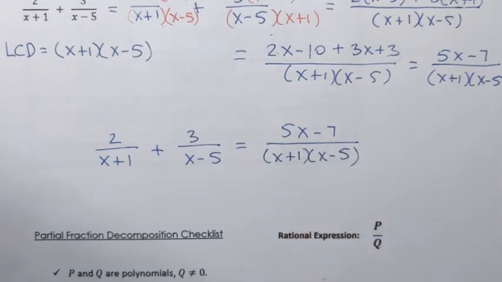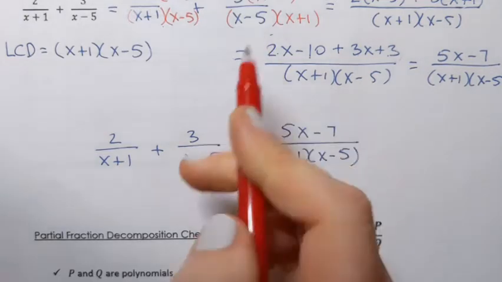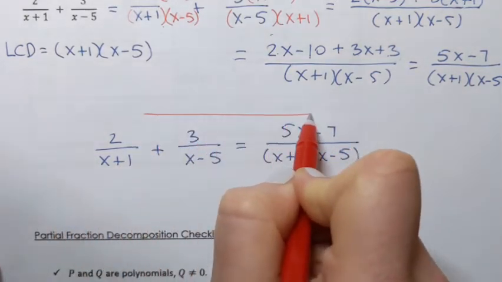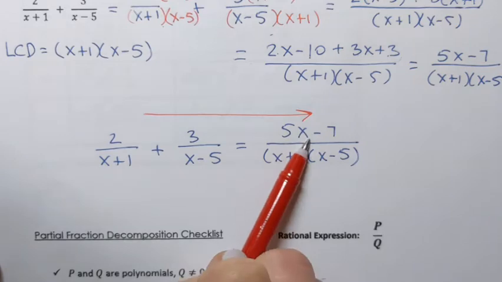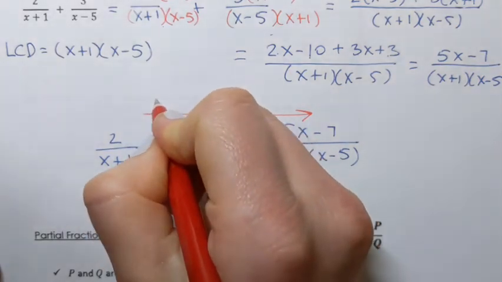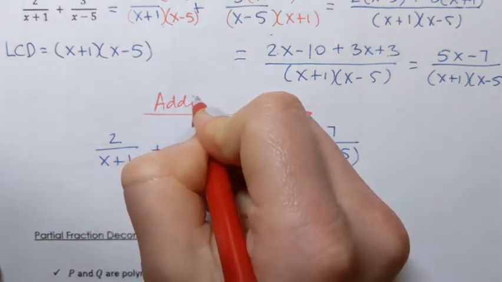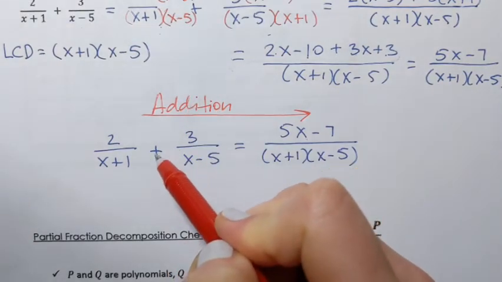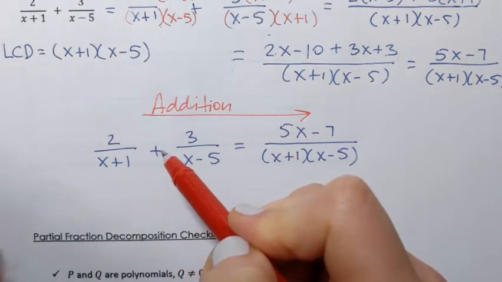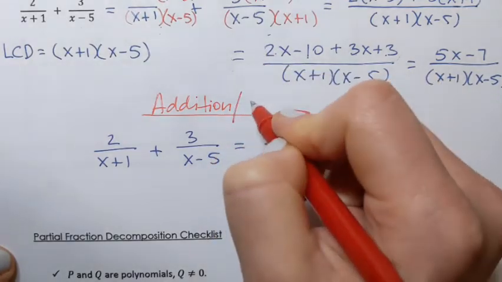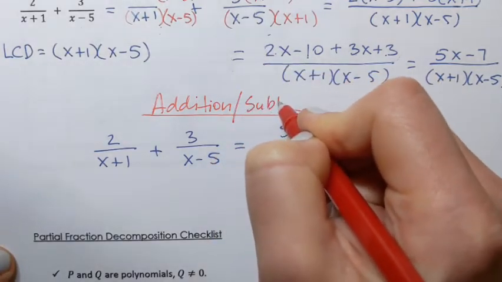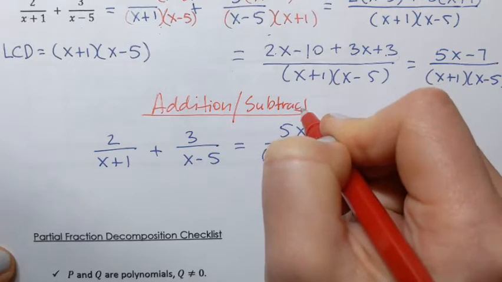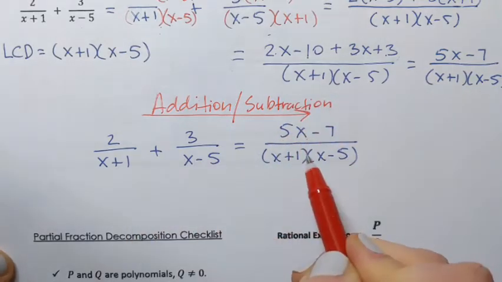So what we just did, we went this way: we started on the left, we obtained the result on the right, and that was the addition operation. Now, if it was subtraction, if I had a minus sign here, it would be the same process. So I can say addition or subtraction. That's the way to go.